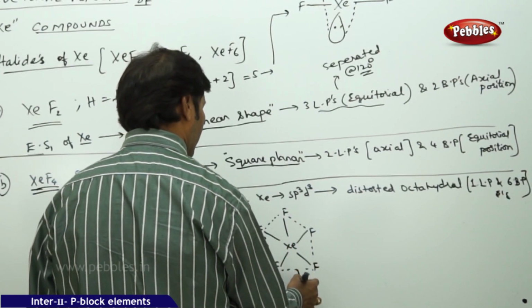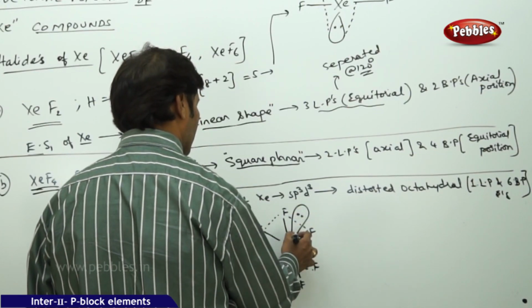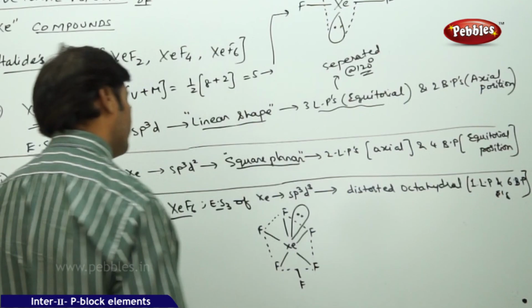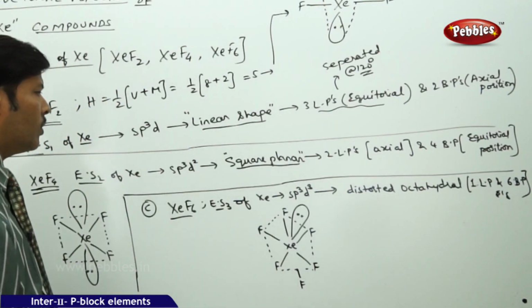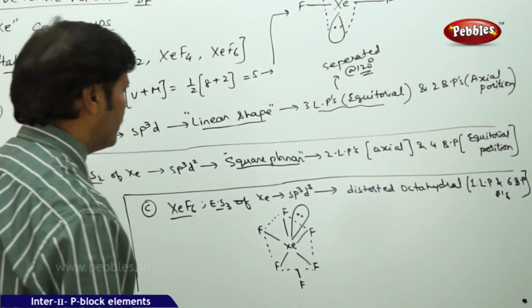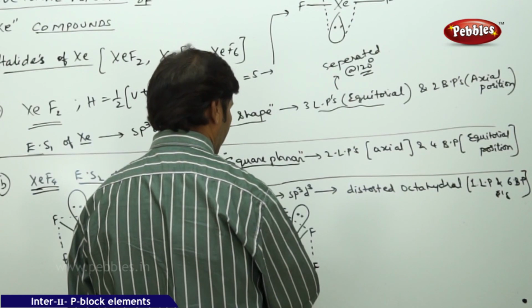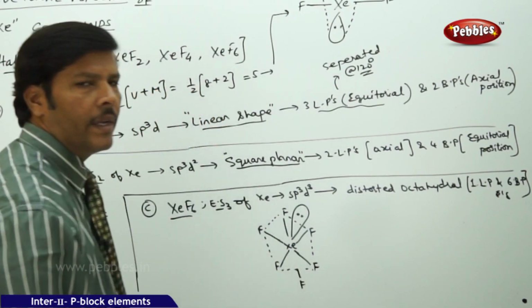I am going to take one fluorine below like this, and we have one lone pair also. So we can take the distorted octahedron as the final shape of the XeF6 molecule.